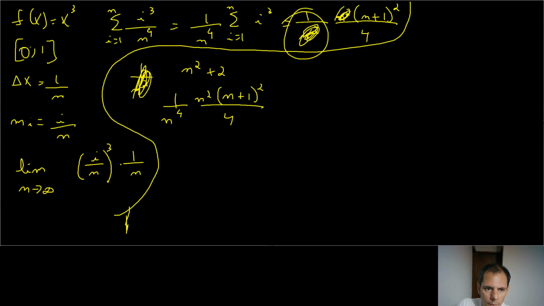So I'm going to make this thing disappear, and transform this one into a 2. And now you have 1 divided by n squared of n squared plus 2n plus 1, divided by 4. Okay.